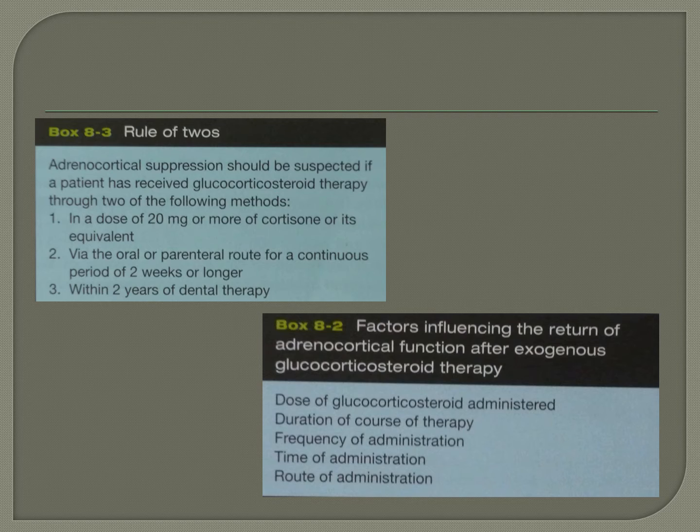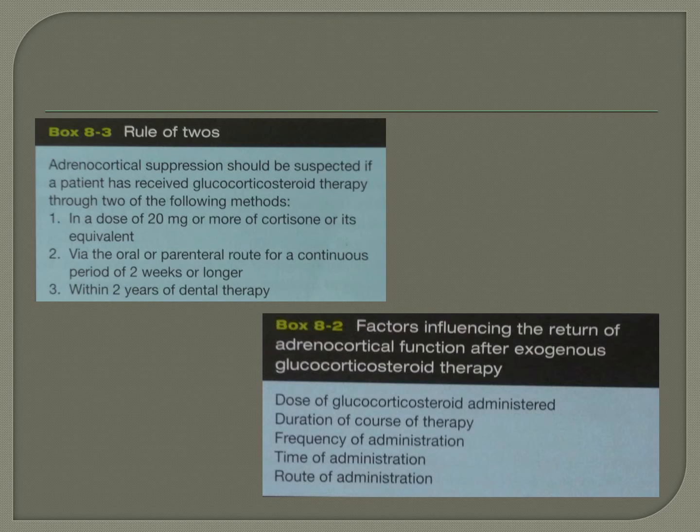The patient is taking a dose of 20 mg or more of steroids or its equivalent, either orally or parenterally, meaning IV or IM, for a continuous period of more than 2 weeks or longer.